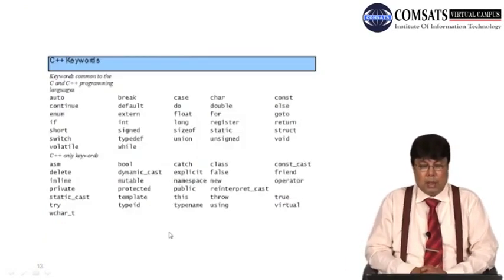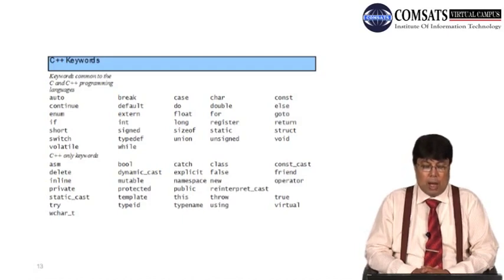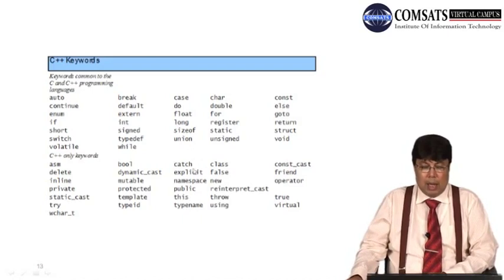So the keywords, obviously there are a few more keywords as compared to the keywords we have discussed in the C language environment, because here we use something with reference to the class, with reference to bool, with reference to case, and obviously it has the similar keywords that were part of C also, and then we have got additional keywords like delete, inline, private.